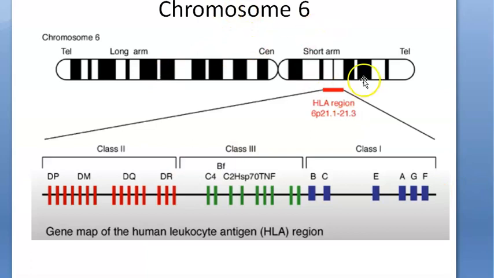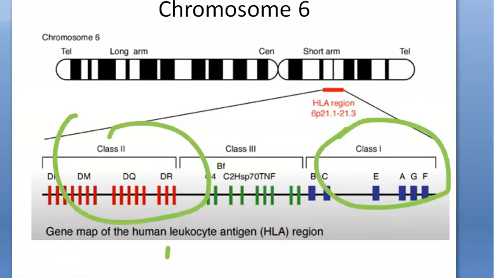How are these molecules coming on your cells? On the short arm of chromosome 6, you have the HLA region, which has class 1, that is A, B, C; class 2, that is P, Q, R; and class 3, which has some complements, tumor necrosis factor and steroids which it can code for. The class 1 and class 2 molecules will be on your cell surface.